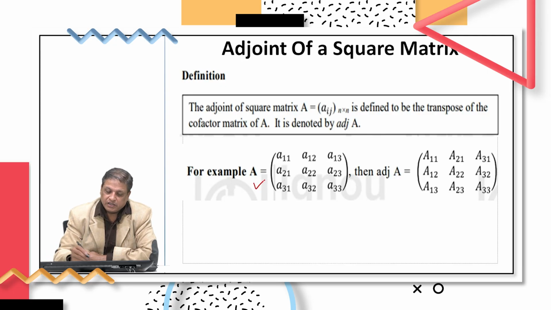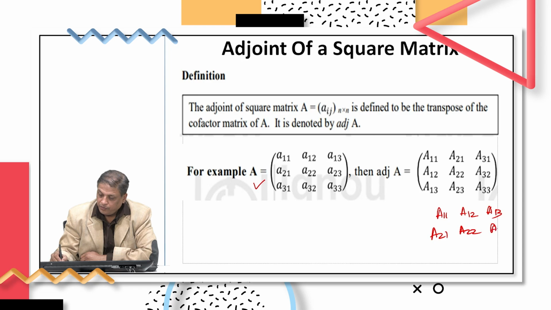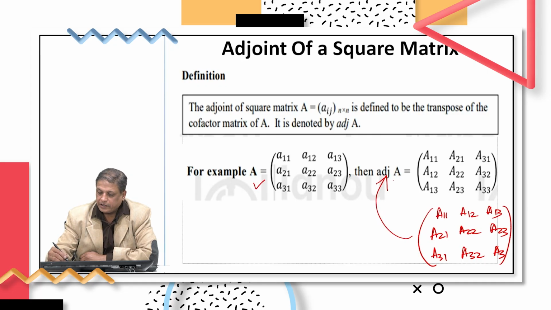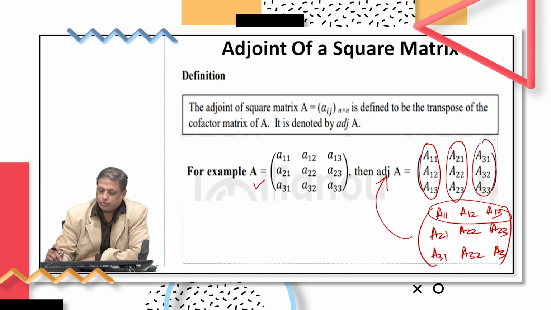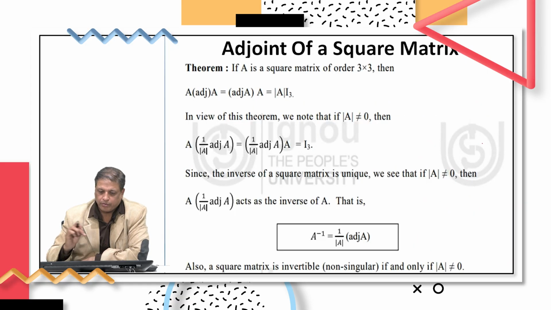If any matrix A is given and A11, A12, A13, A21, A22, A23 and A31, A32, A33 are the components of the cofactor matrix, then the transpose of the cofactor matrix is the adjoint, wherein you will see that rows are transformed into columns. So transforming rows into columns of a cofactor matrix leads to the adjoint of a matrix.